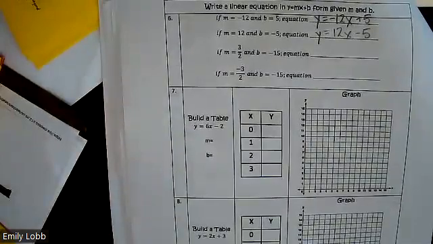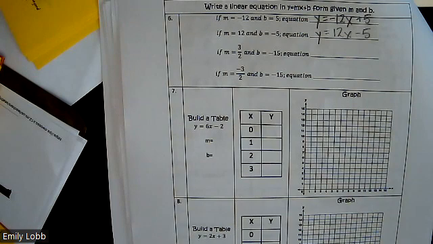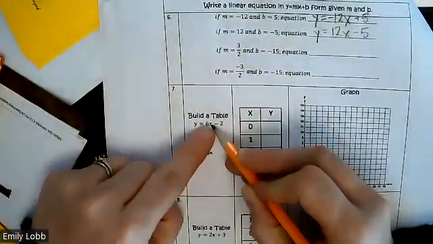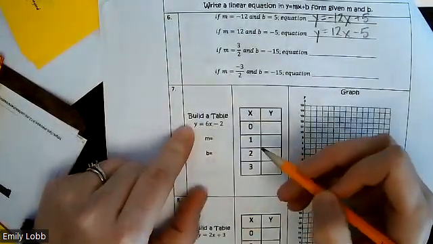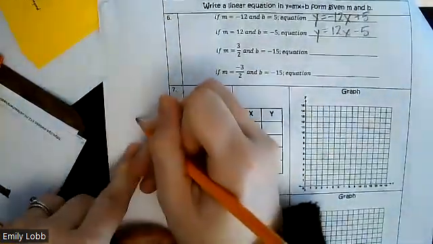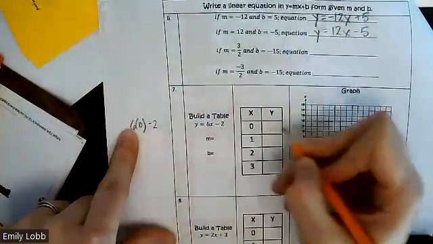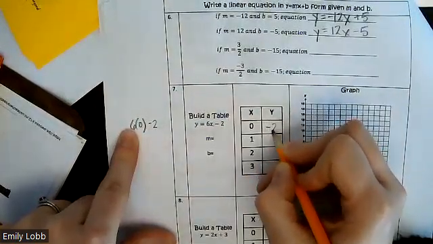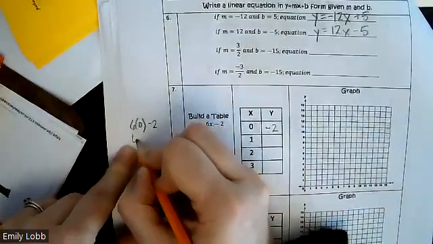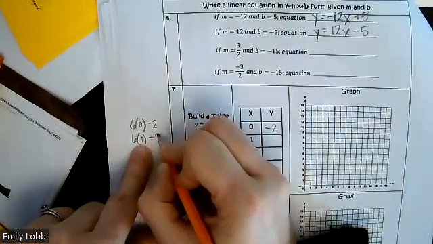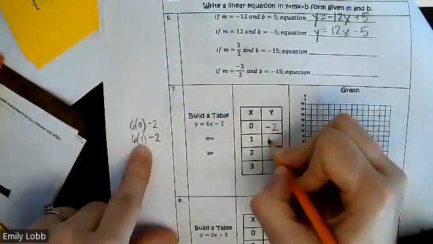Now, 7 and 8, we're kind of putting all of this together, right? We have to build a table. Remember, when we were building the table, we were putting the x value in for x and out was coming y. So here you could say 6 times 0 is 0. 0 minus 2 is -2, right? 6 times the x value of 1 is 6. 6 minus 2 is 4.